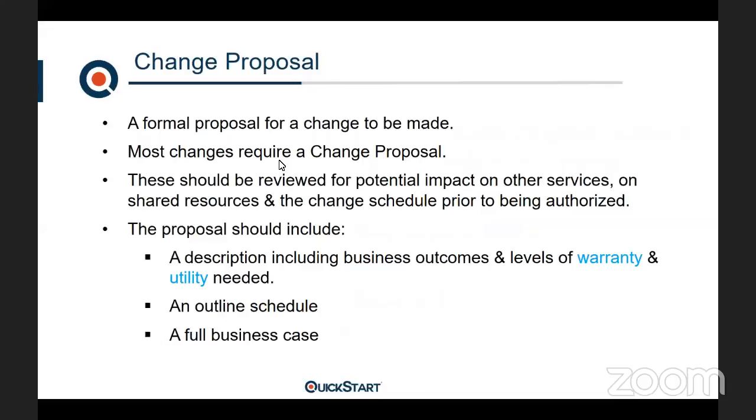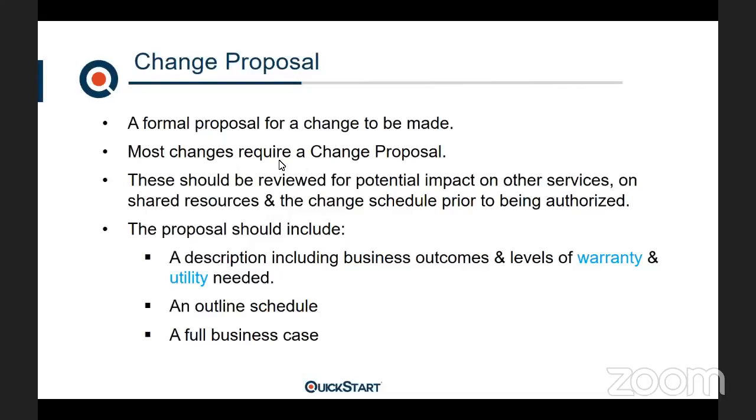So with the change proposal, as I said, you document and write down all the changes you would like to have. You describe why you would like to have this change, what will be the result of this, and what desired outcomes you are expecting from this change.